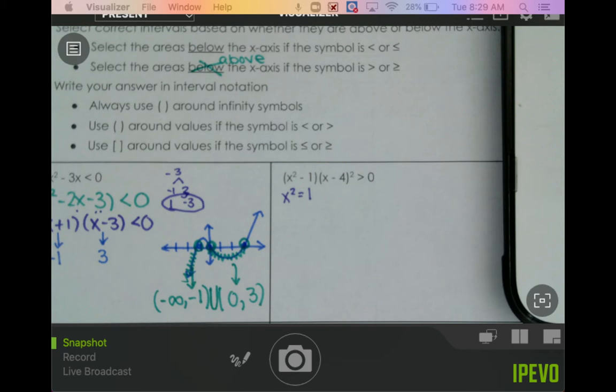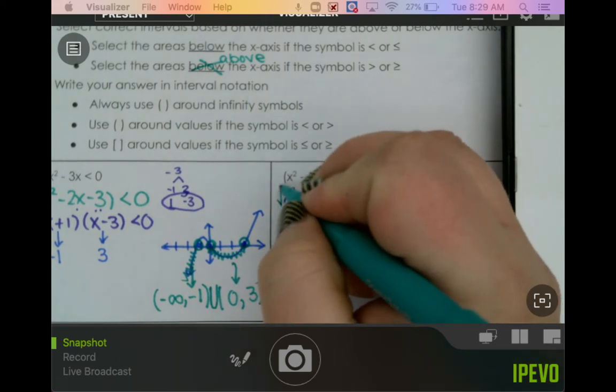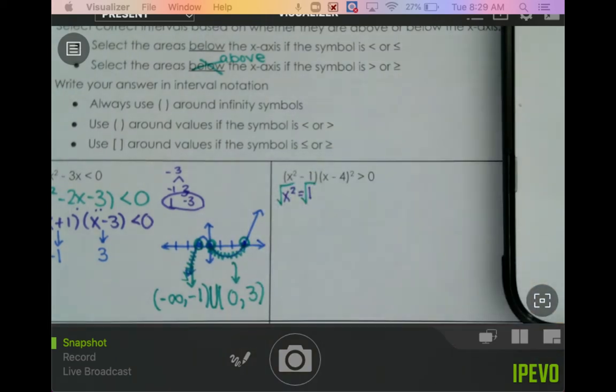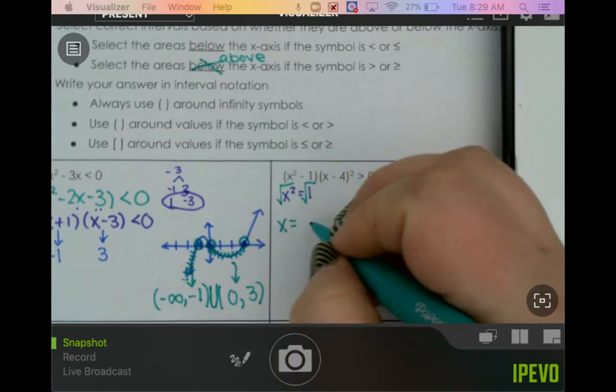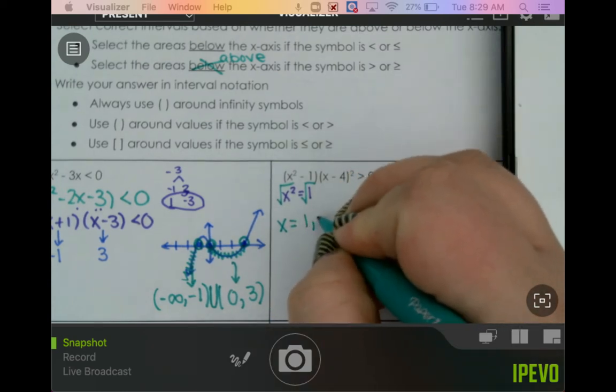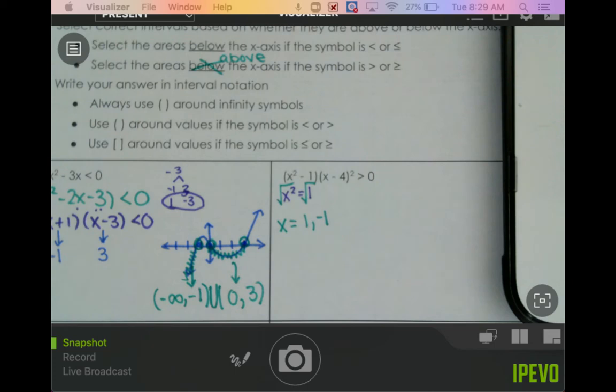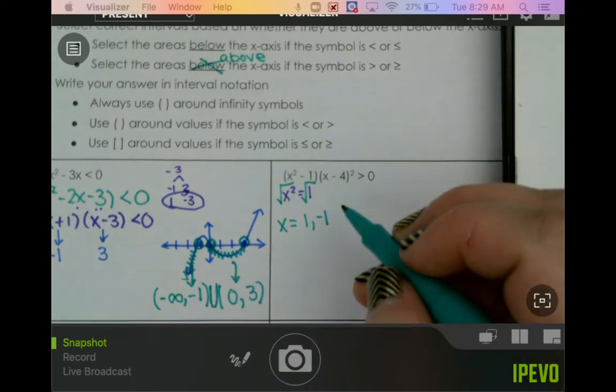And when I square root, that means I have two answers, positive and negative. Square root of 1 throws some people off sometimes because it's 1. The square root of 1 is still 1. So we have 1 and -1. Because whenever we do that square root, we need both. And then our 0 from over here is just going to be 4.